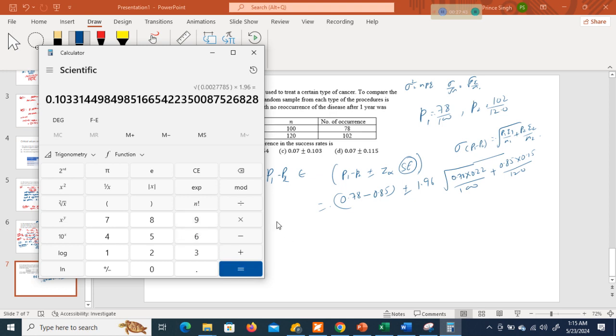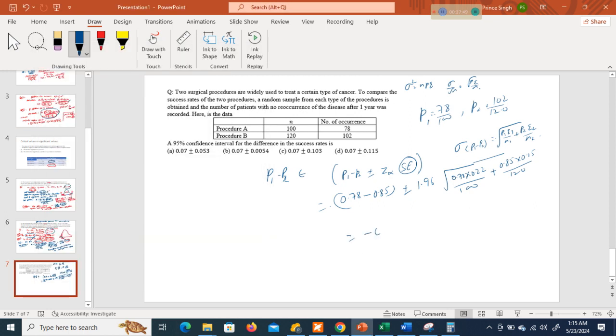So its value is 0.103. So you can see here its value comes out to be minus 0.07 plus minus 0.103.